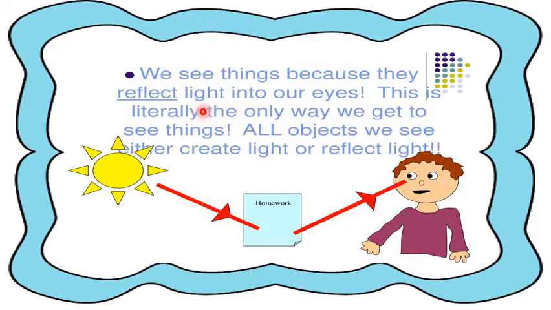Dear students, do you know that we see things because they reflect light into our eyes? This is literally the only way we get to see things. All objects we see either create light or reflect the light, otherwise we are not able to see them.